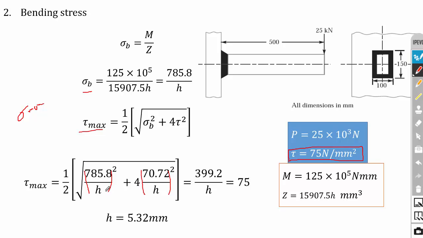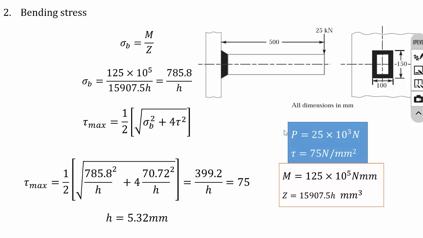So you can commonly take the H outside, so that you will get tau max is equal to 399.2 divided by h, and that is equal to 75. That is the material property. It is given in the problem. So by solving this, you can calculate the h value. That is weld size is equal to 5.32 mm.